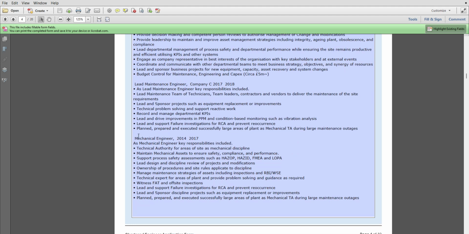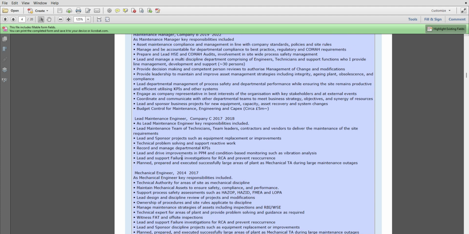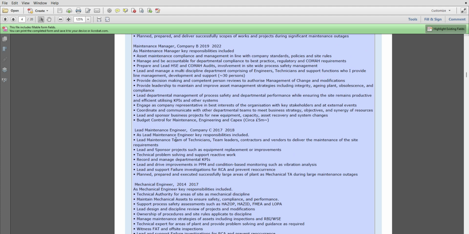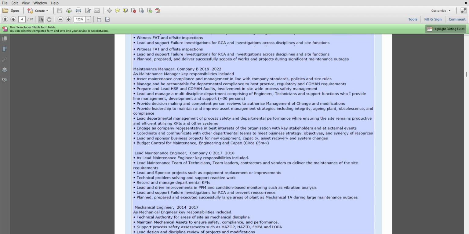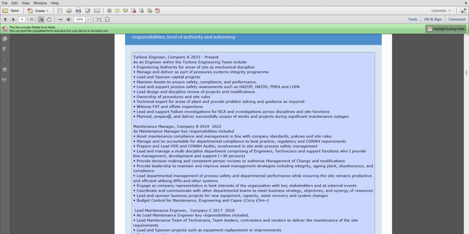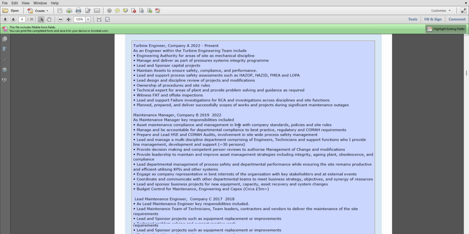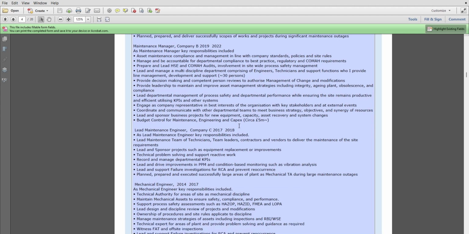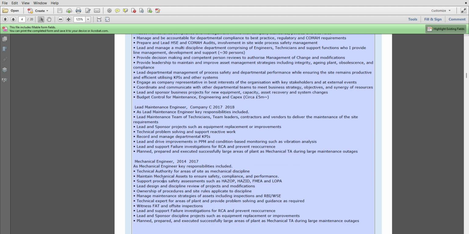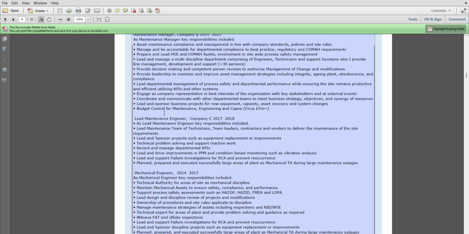So the candidate started as a mechanical engineer, put down their roles and responsibilities, and then it continues: lead maintenance engineer, maintenance manager, turbine engineer. In many cases, when you present your experience, they would like to see progression. So for instance, a candidate might start off as a graduate engineer and then get promoted as the years go on. It shows progress.